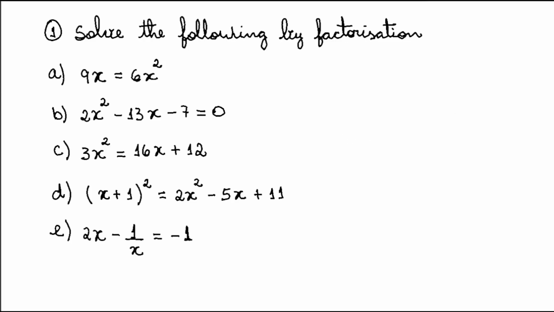Let's start by solving the first equation, 9x equals 6x squared. First, let's set the equation to 0 by subtracting 9x from both sides. Then we can rewrite the equation switching the sides: 6x squared minus 9x equals 0.